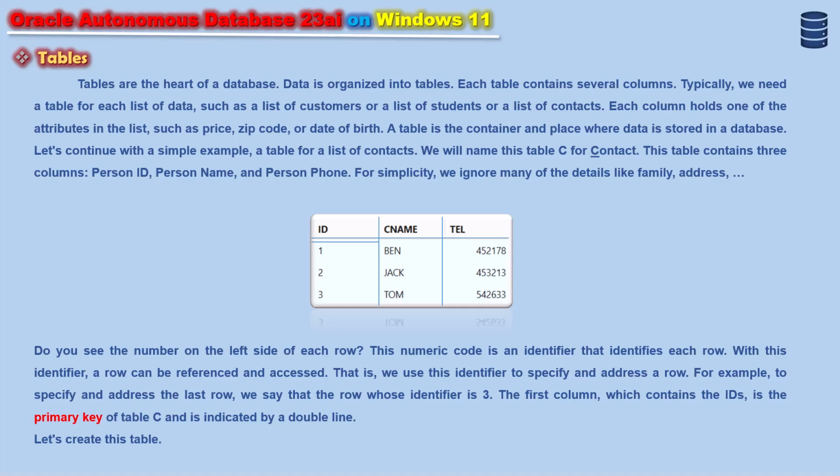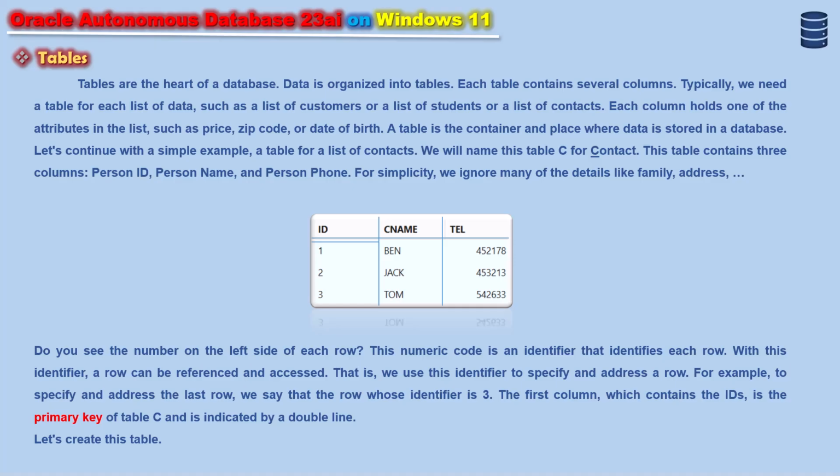Let's continue with a simple example, a table for a list of contacts. We will name this table C for contact. This table contains 3 columns, person ID, person name, and person phone. For simplicity, we ignore many of the details like family, address. Do you see the number on the left side of each row? This numeric code is an identifier that identifies each row.